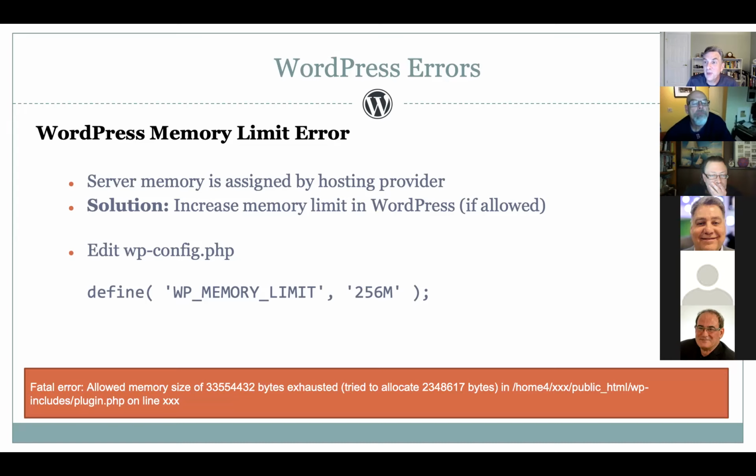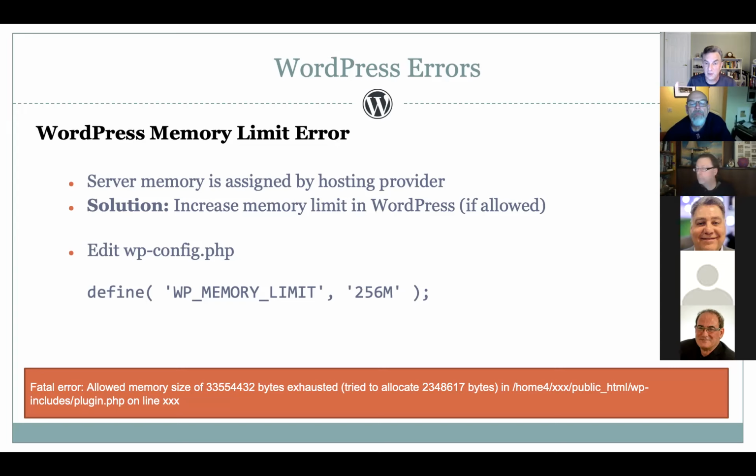Well, sometimes you can, sometimes your hosting company won't let you. If you're in a managed WordPress environment in particular, they control a lot of these settings, so you can't get in there and do this. But if you do have control over it, it is a fairly simple fix. If you're comfortable, again, in the wp-config, you can change the memory limit.